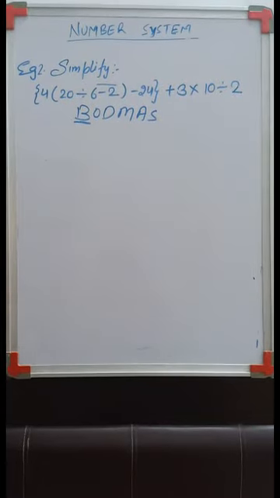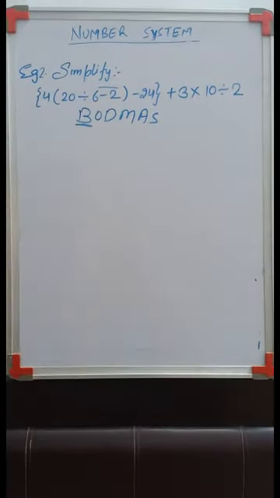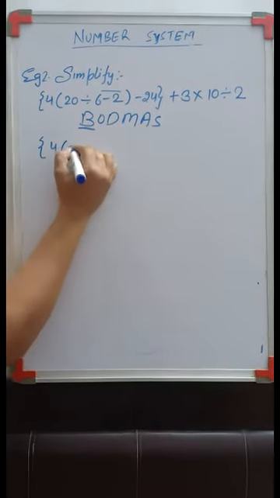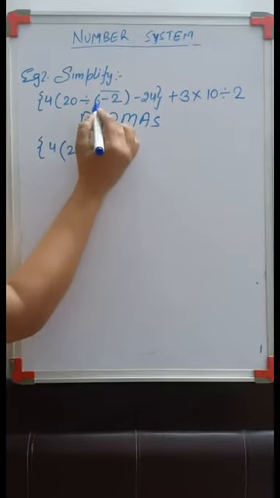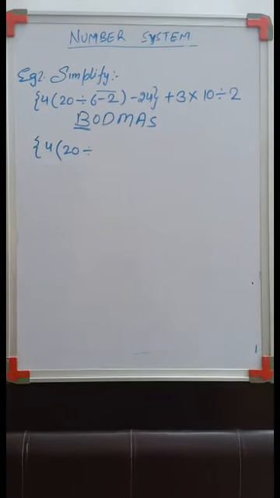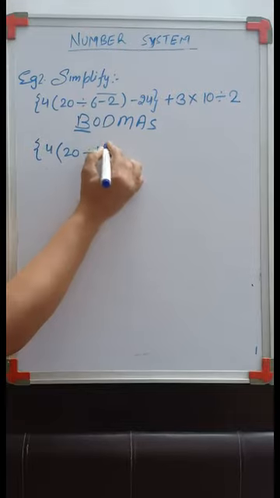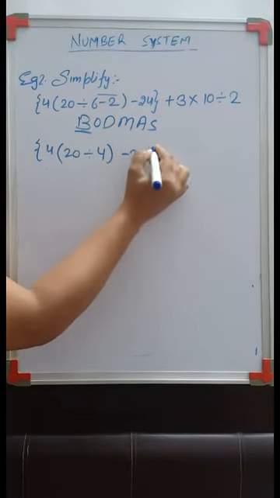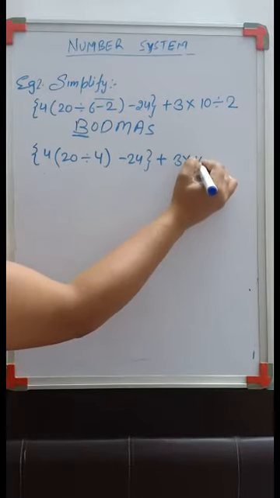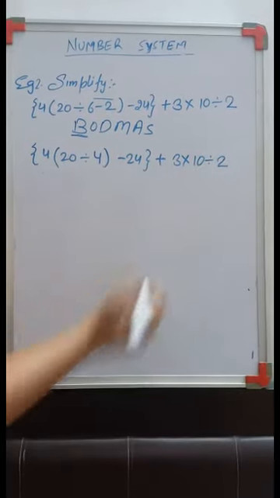So over here we have the line bracket. That means first we need to solve this. Remaining terms will be the same, 20 divided by. So what is the line bracket over here? It is 6 minus 2. So 6 minus 2 is how much? 4, right? Minus 24, curly bracket closed, plus 3, multiplication sign 10, division sign 2.